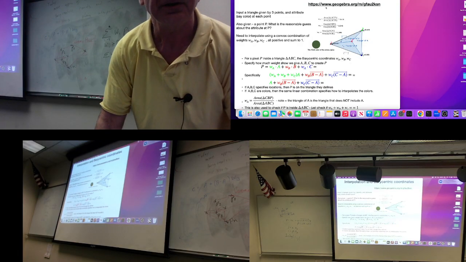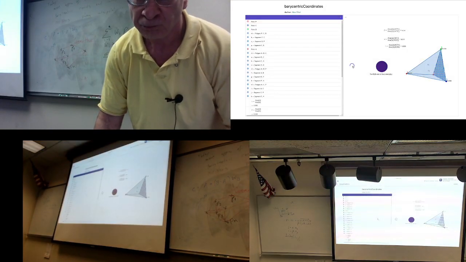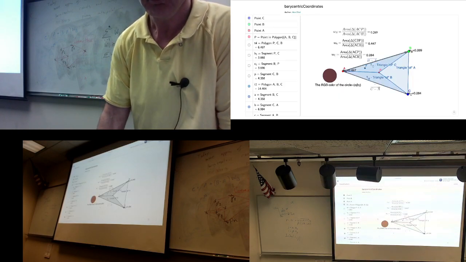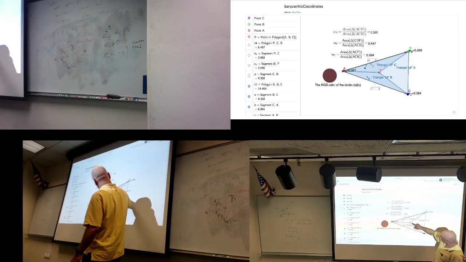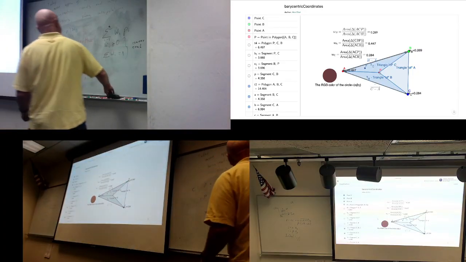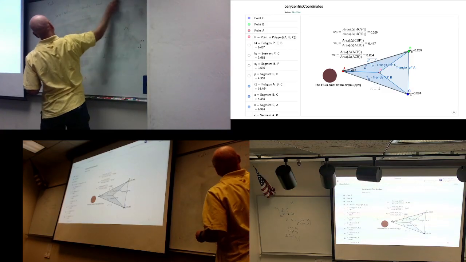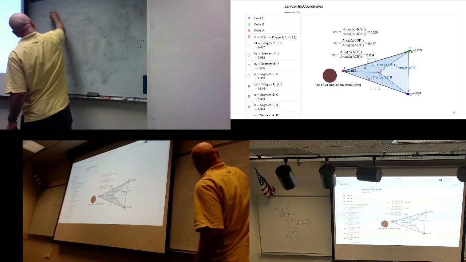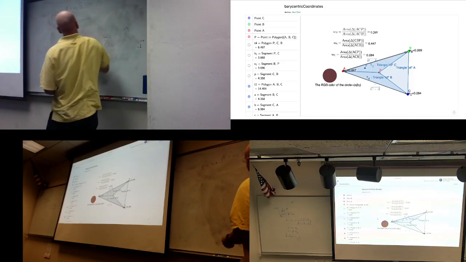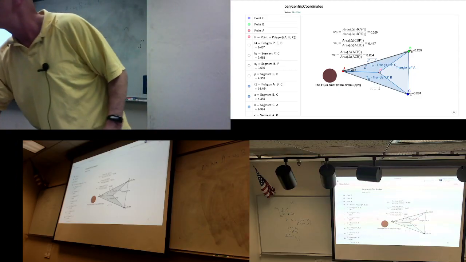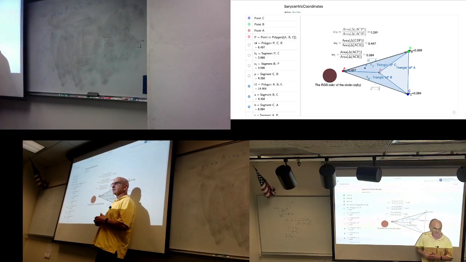Okay, let's talk about barycentric coordinates. So again, I have the point P, and I want to represent P as A times WA plus B times WB, or for a triangle, WA A plus WB B plus WC C, and I want to know what the corresponding weights are.